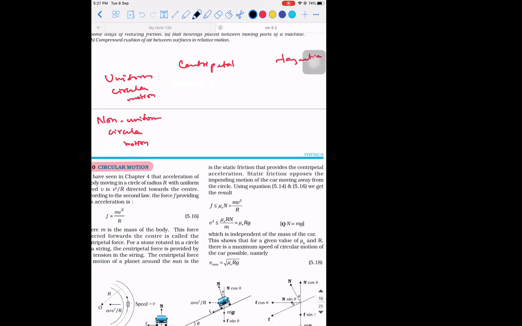It will be there, sir. Yes, but tangential will not be there. Whereas for non-uniform circular motion, centripetal is there and tangential is there. Tangential means along the tangent. Centripetal means along the radius. So the other name for centripetal is radial also.